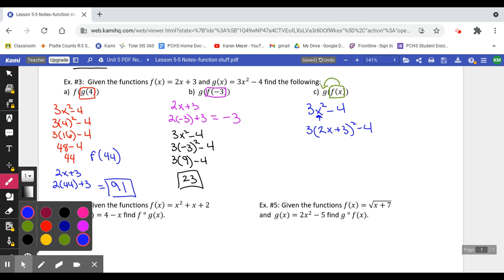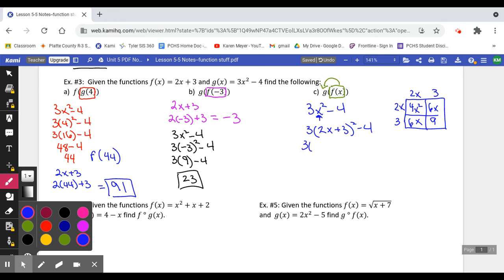Now remember, 2x plus 3 quantity squared means you have two of the same thing, so I would box that out. Please do not try to distribute the power. You cannot do that. So give me 4x squared, 6x, 6x, 9.